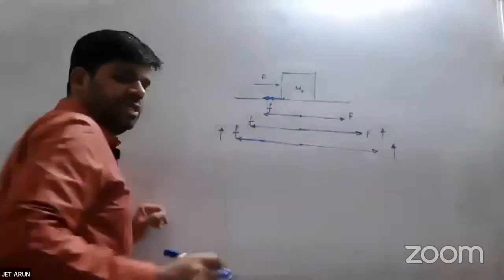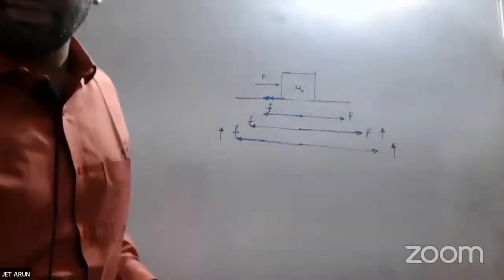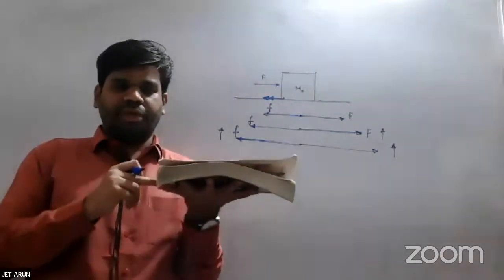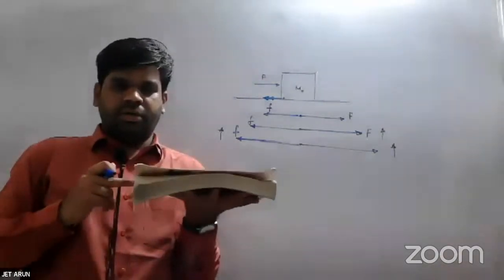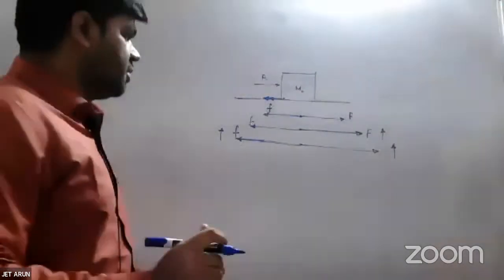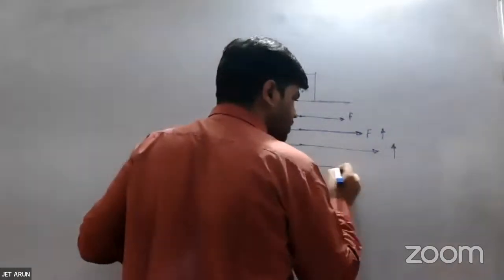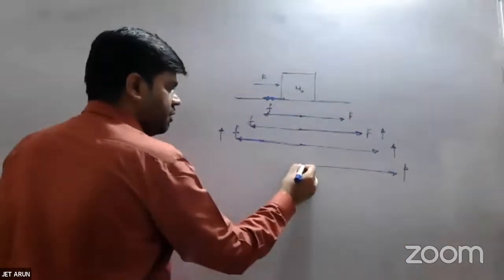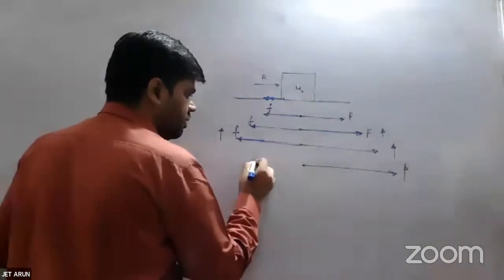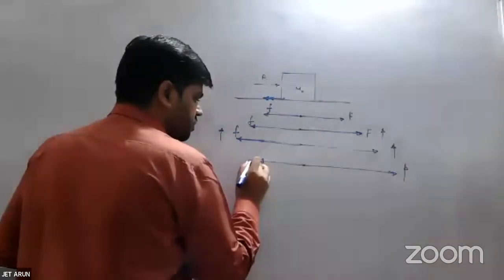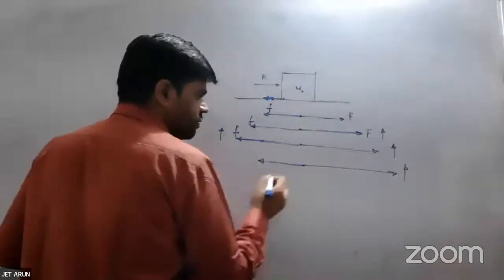But what is observed is if I go on increasing the force, at some point it will start moving, right? That means for some particular value of force, when I increase the force further, my friction did not counterbalance the force.